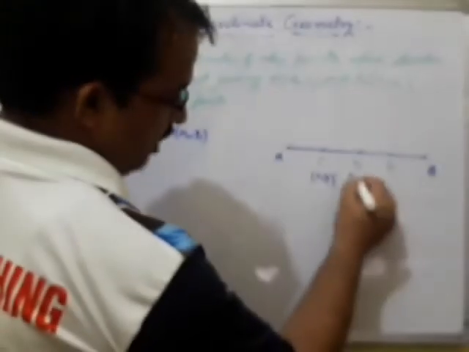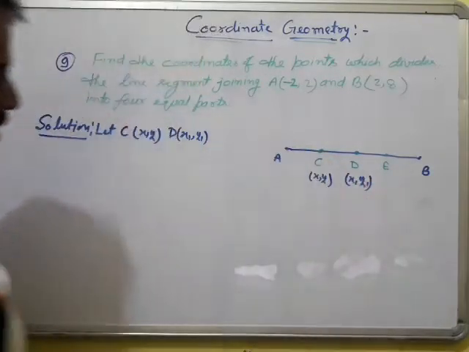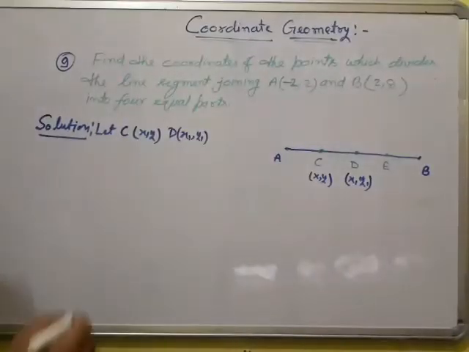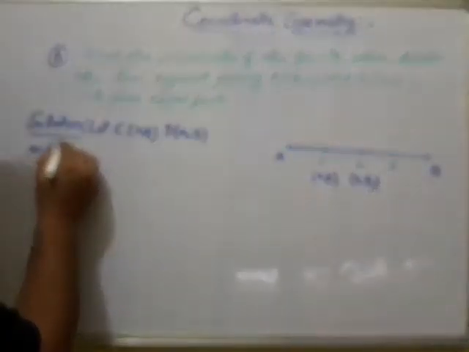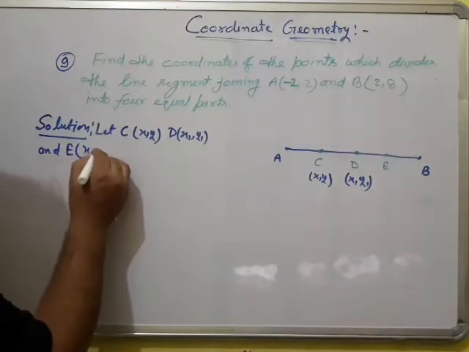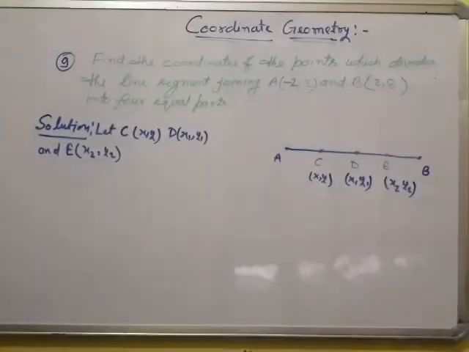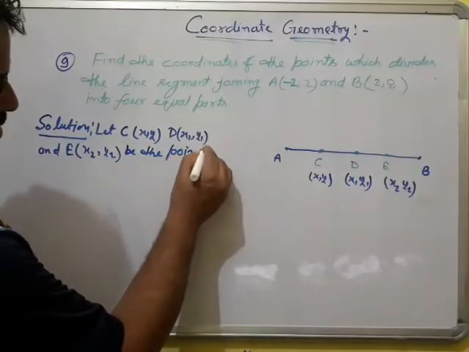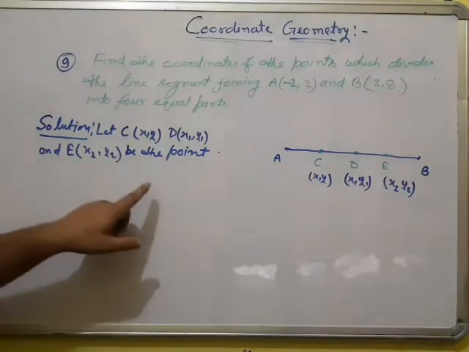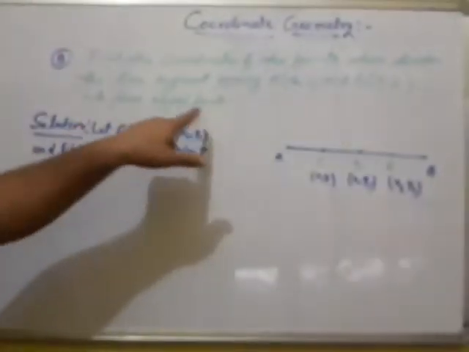E's coordinates are x2, y2. Let these be the points which divide the line segment into 4 equal parts. Clear? Now we will take conditions.